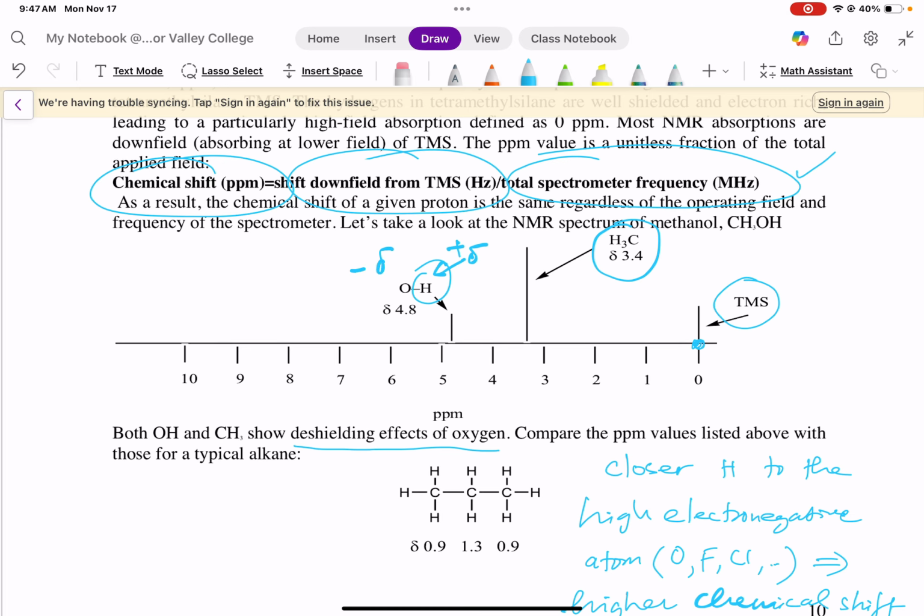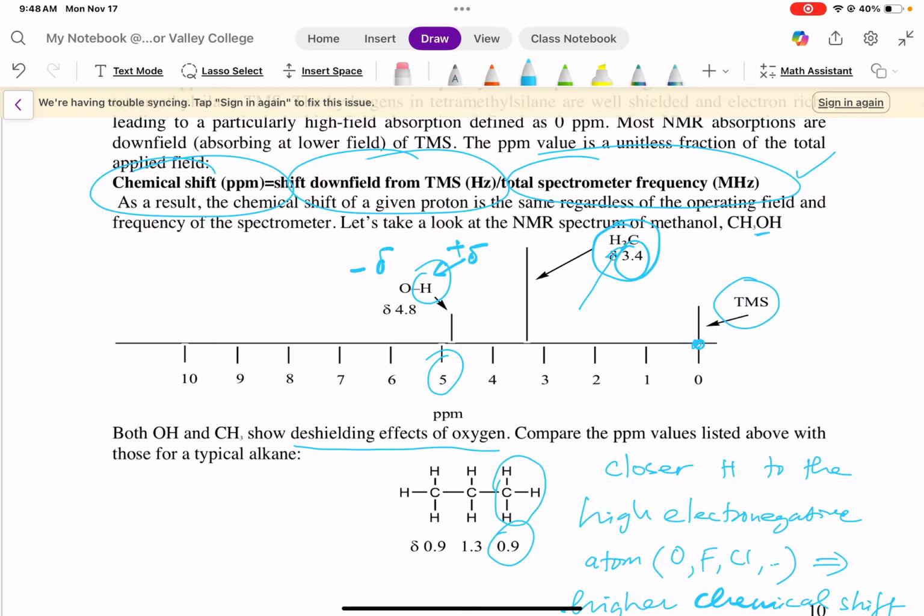In other words, to make it simple, hydrogens next to oxygen will be very positive. Almost no electron, really exposed. No protection from the electron cloud. So that's going to be ready to absorb that delta E. Lower field, which is higher energy, and that's why it shows up at a pretty high chemical shift, versus this one, a little bit less because it's one step away from the oxygen. And if you have CH3, that's a whole group right there.